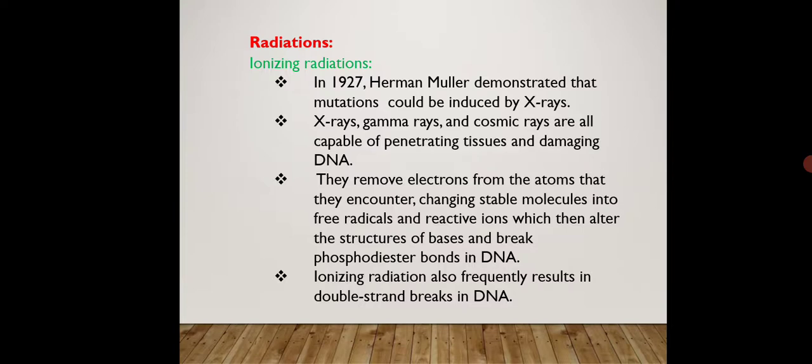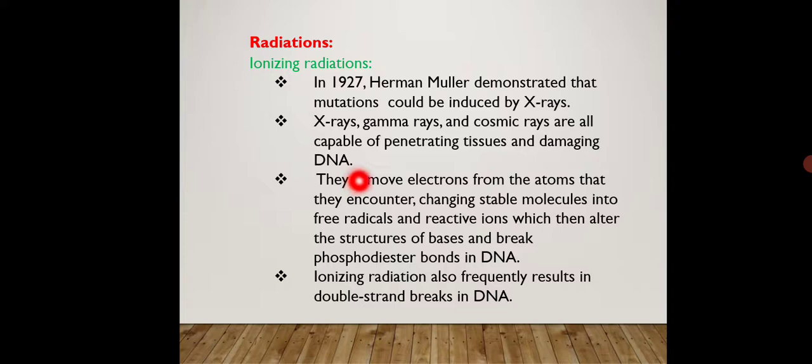These electromagnetic waves have a lot of energy to ionize the atom, so it forms ions. There are different examples of such radiations, like X-rays, gamma rays, and cosmic rays. All these rays are capable of penetrating the tissue and damaging the DNA.